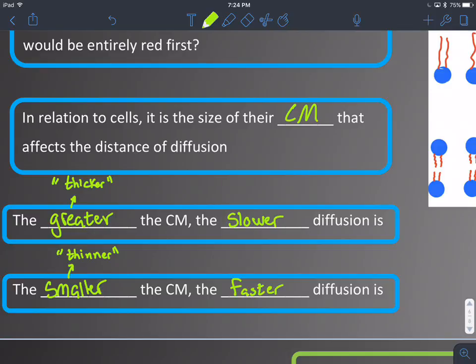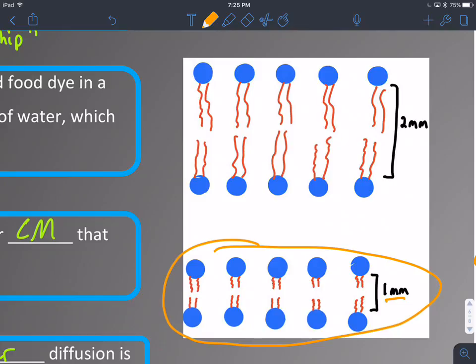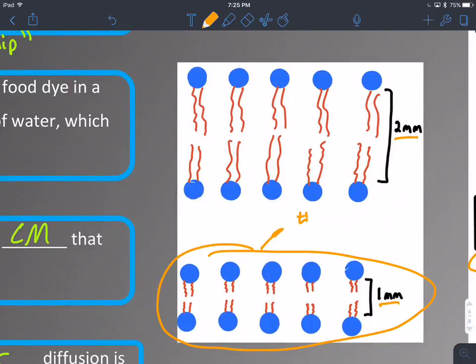And this is because the thinner it is, the less distance the particles actually need to cross. And so if we look at this diagram that I drew, it's going to be in the bottom diagram here, right? Because it's only 1 millimeter thick, not 2 millimeters thick. Because thinner, diffusion will be faster. Okay, it's that simple.